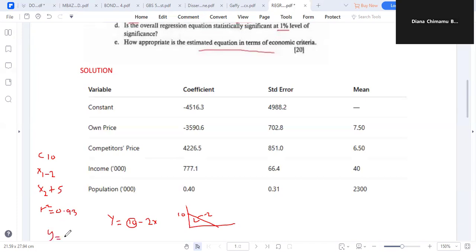The constant, which is 10 minus 2x1, because that's a variable for x1, it can be price, plus 5x2, that is another variable that we have. So this is how we come up with regression equations using the table. Then our r squared here, it means that this x variable, which is the independent variable, affects the dependent variable by 93%. So it measures the extent to which this is affected.